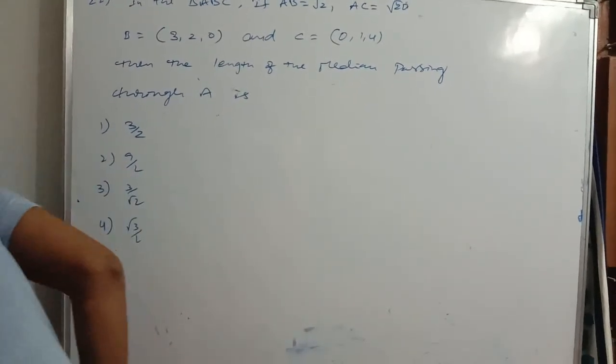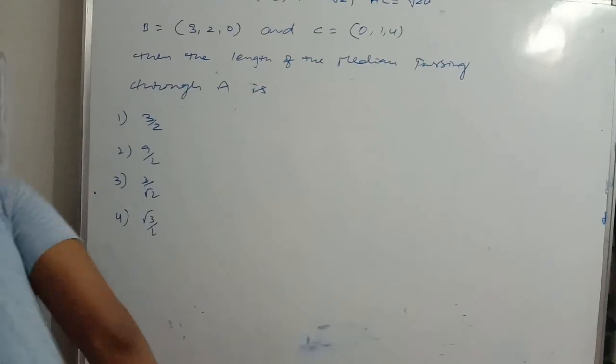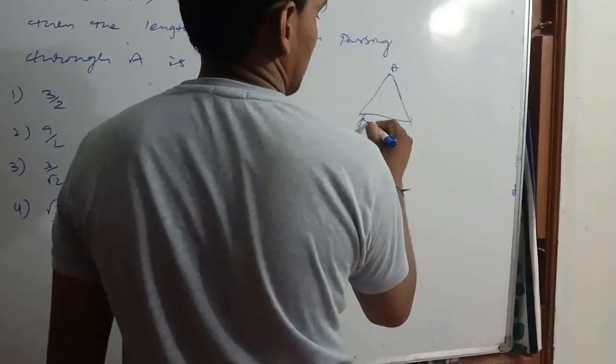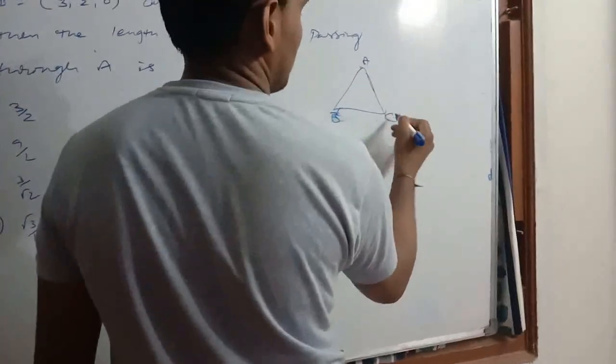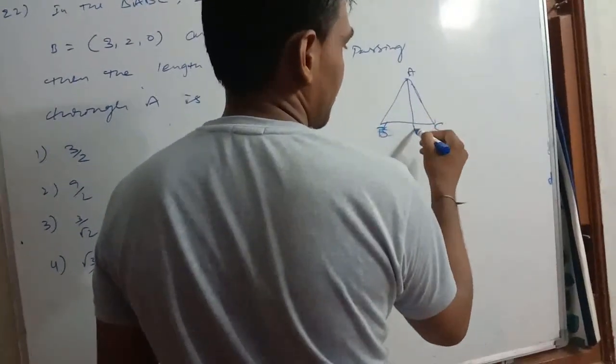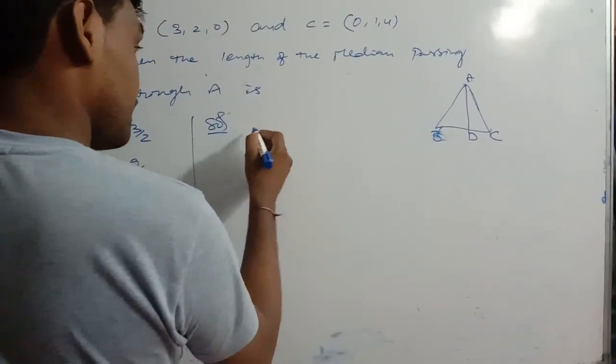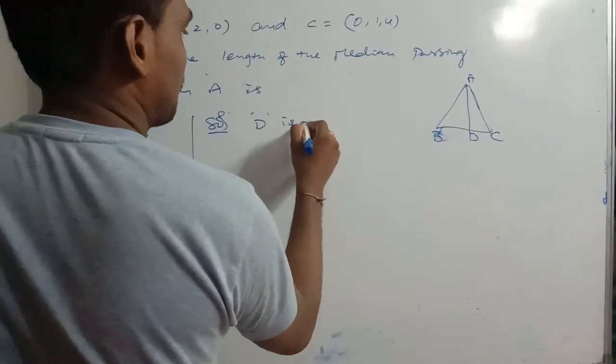Now here draw the triangle ABC, and this is ABC with the median AD. Now here D is the midpoint of BC.